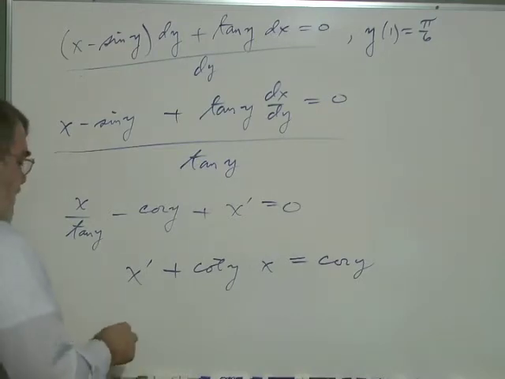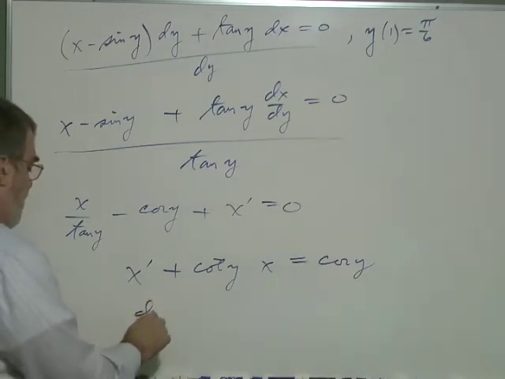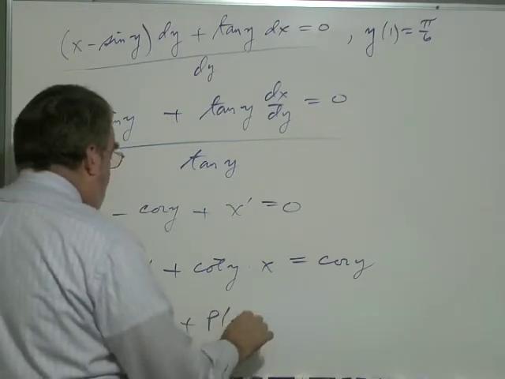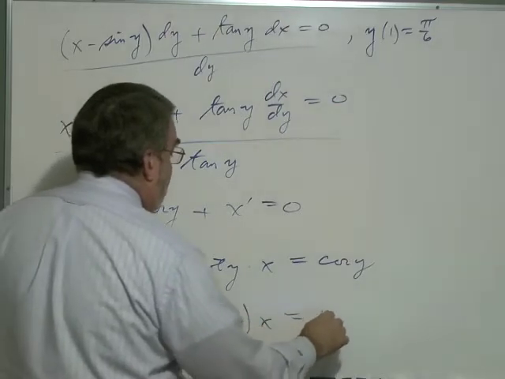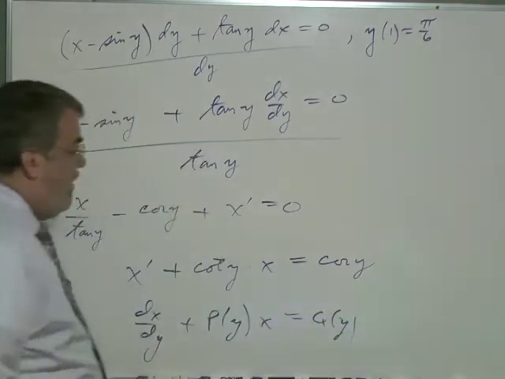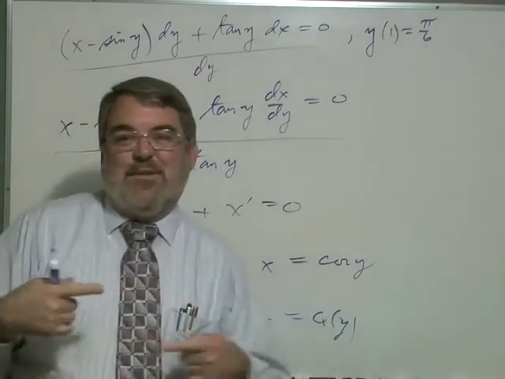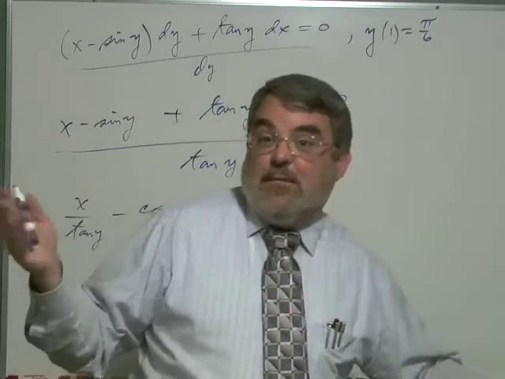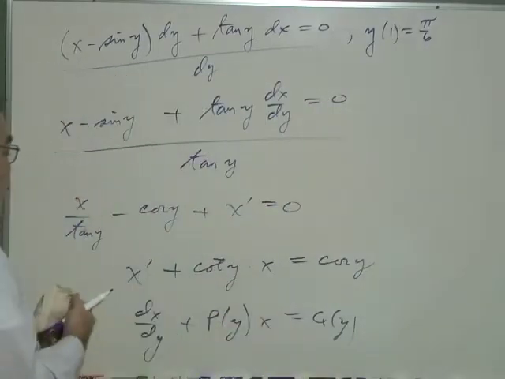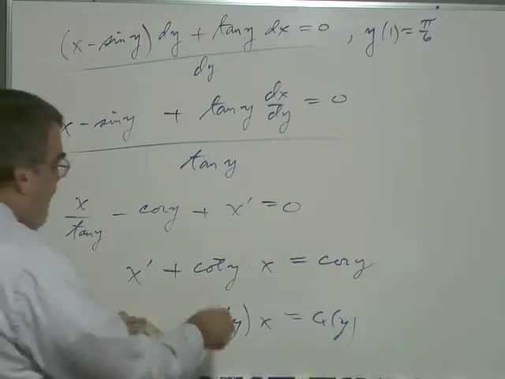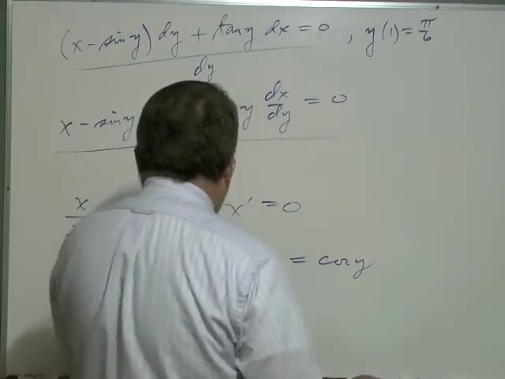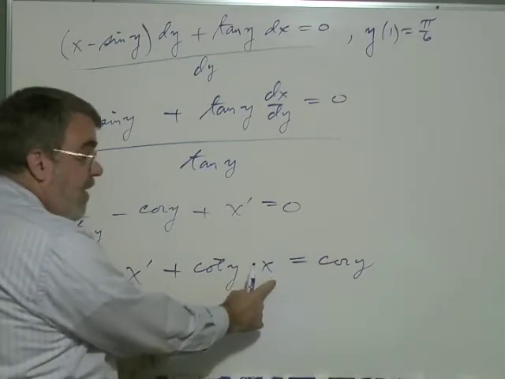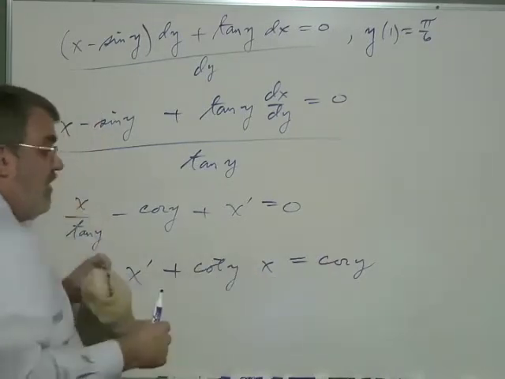And in fact, what I have actually is dx/dy plus p of y times x equals q of y. So, in other words, the x's and y's roles are switched here. And as long as we have that in our head that, okay, x's and y's are switched, then we're going to be okay. We can solve this problem. So it does fit the integrating factor form because we have the derivative, we have the variable, and then the function of the other variable.